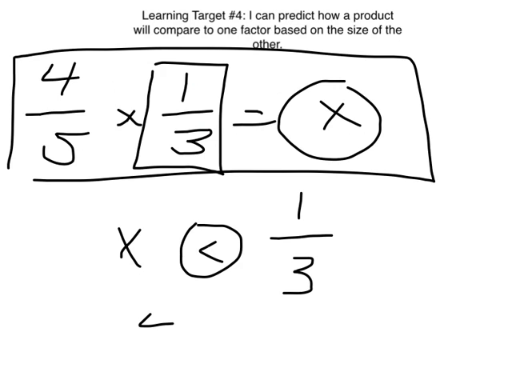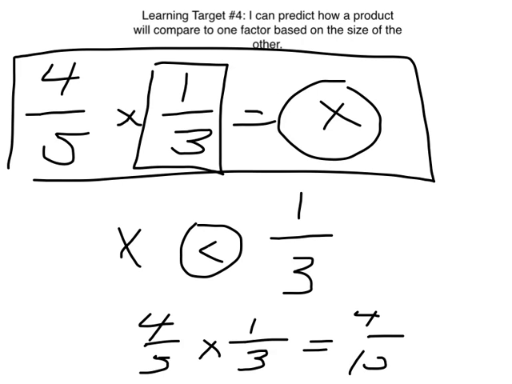And if we check our work, 4/5 times 1/3 equals, we can't cross simplify, 4/15, which is less than 1/3. So that does work out to be true.